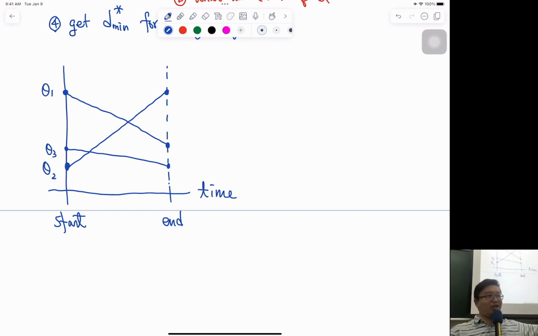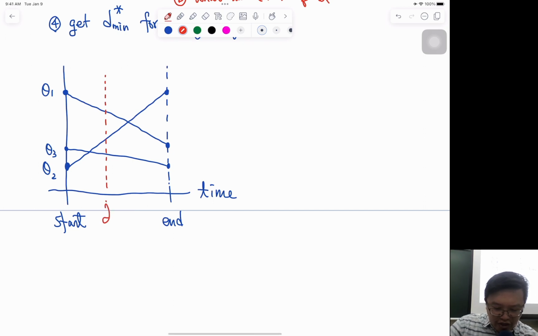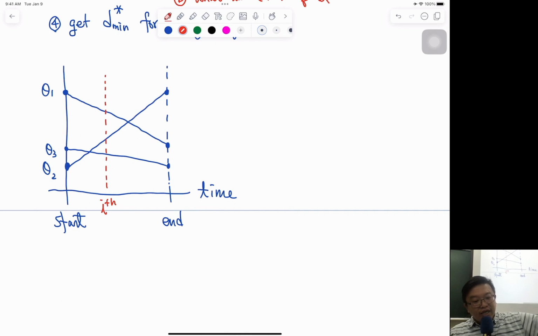So I perform some kind of movement from a starting configuration to a final configuration. Okay? And within this trajectory I studied everywhere, and this is the ith configuration. I studied the ith configuration. And I realized at this particular configuration, the shortest distance is some value.